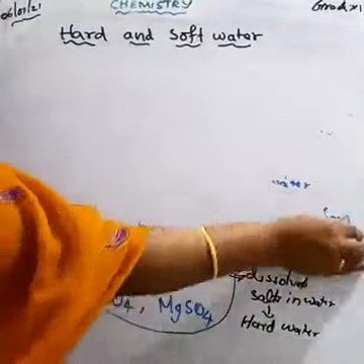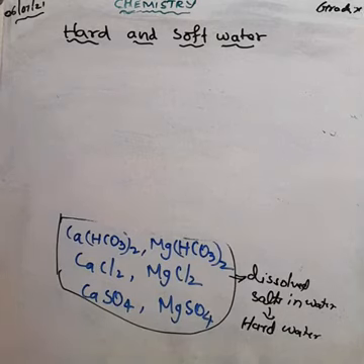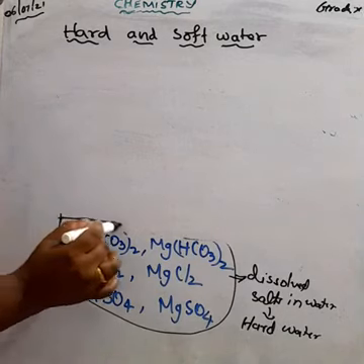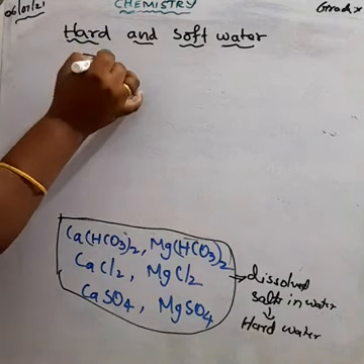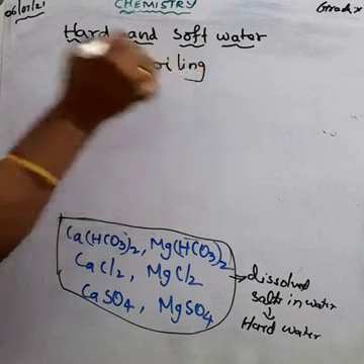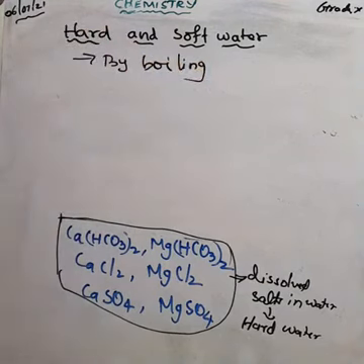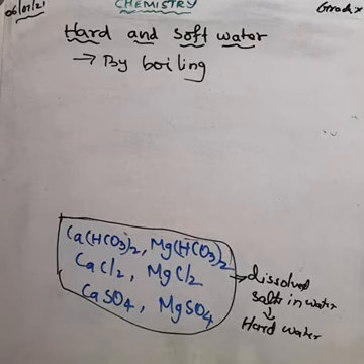When boiling the water, the bicarbonates of calcium and magnesium present in water are easily precipitated. Because of this, we can find the hardness of water is of two types. What are the types of hardness of water? First one, temporary hardness.